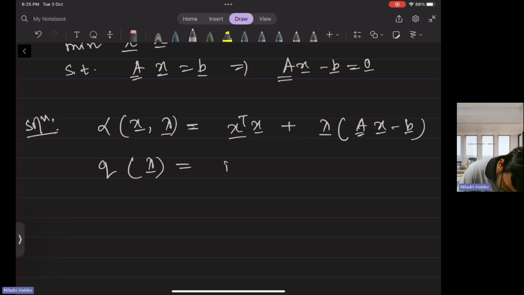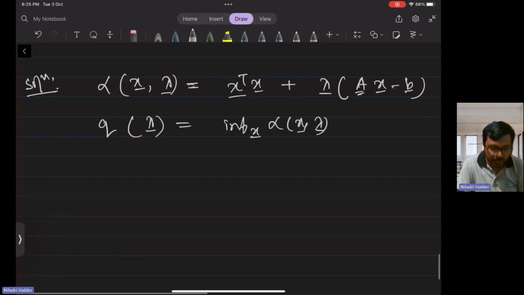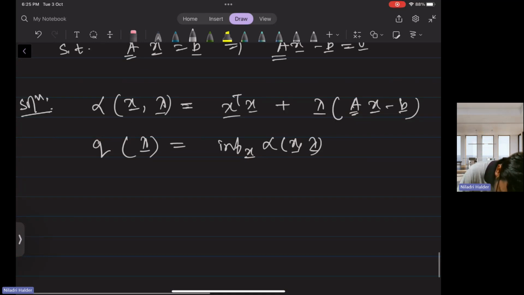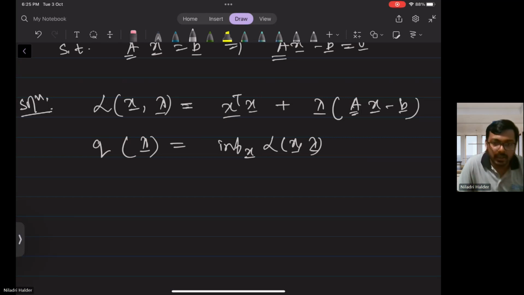So that is the minimum with respect to x of L of x comma lambda. That means we need to differentiate L with respect to x, find the minimum value of the Lagrangian, and then we put that value here and we will get q of lambda.